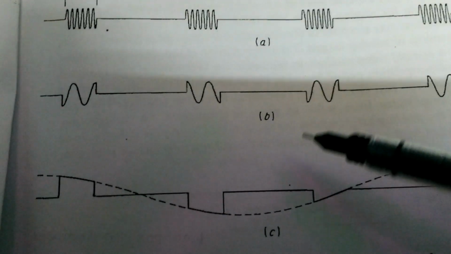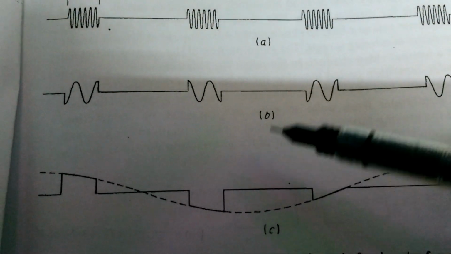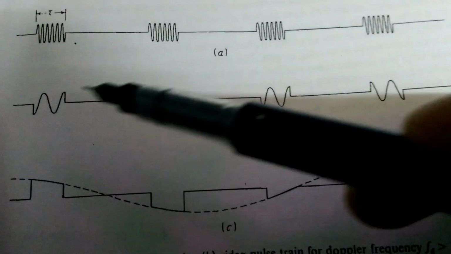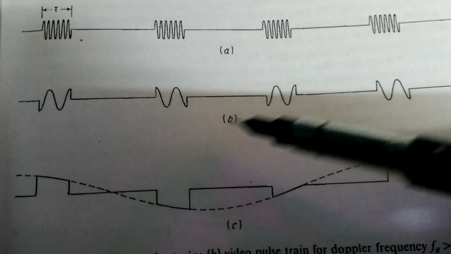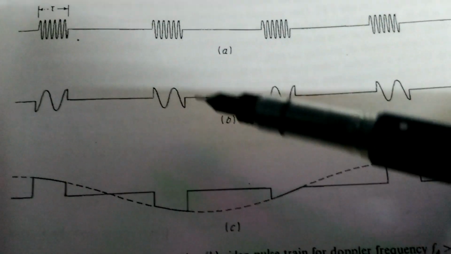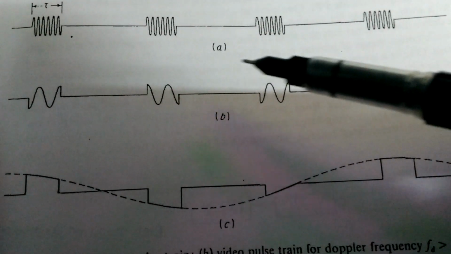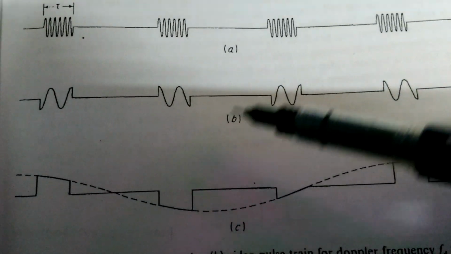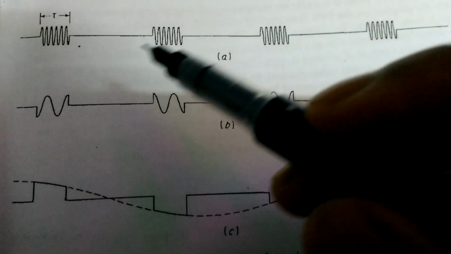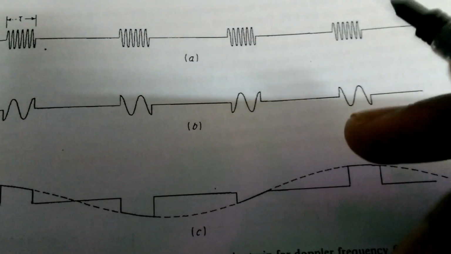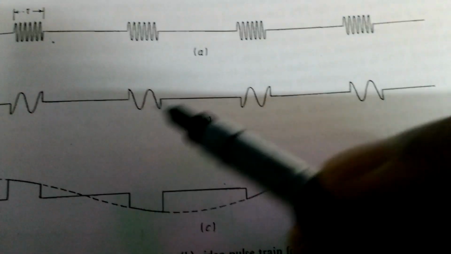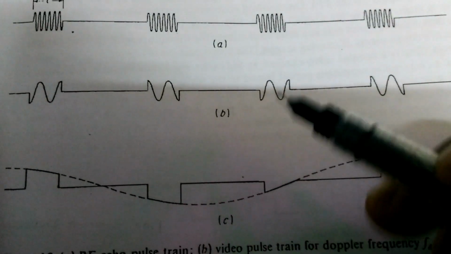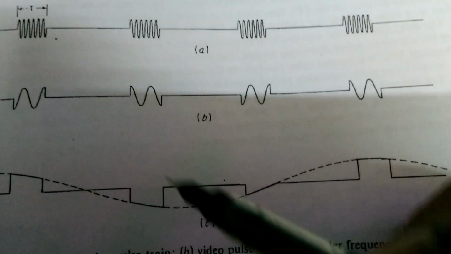If you observe this and this, depending upon the Doppler frequency, if the Doppler frequency is large compared with the reciprocal of the pulse width, that means we are going to consider two conditions. Whether the Doppler shift is greater than or less than the reciprocal of the pulse width, we are going to observe the waveforms here.